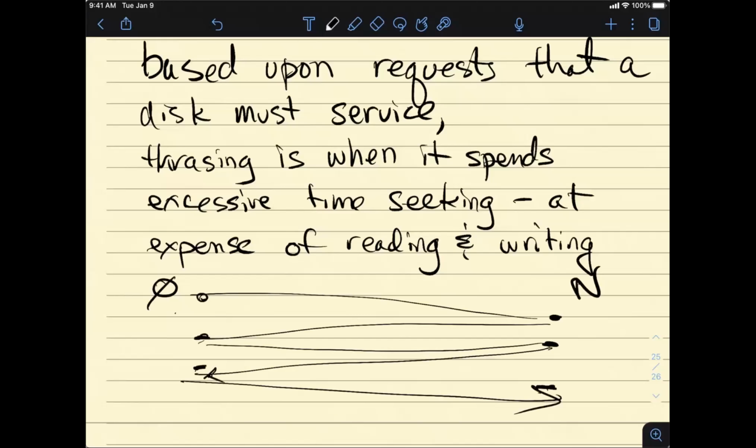And the result is that you're spending a lot of your time seeking back and forth. So that's disk thrashing, where the requests, for whatever reason, are coming in such an order, with the right kind of timing, that the disk head is going back and forth and back and forth and back and forth.